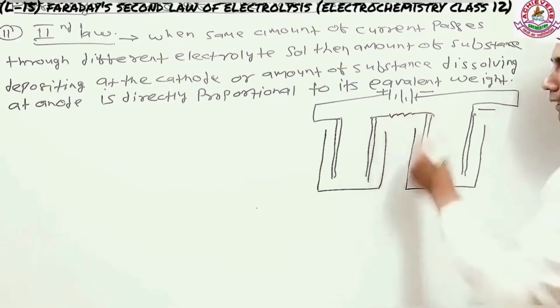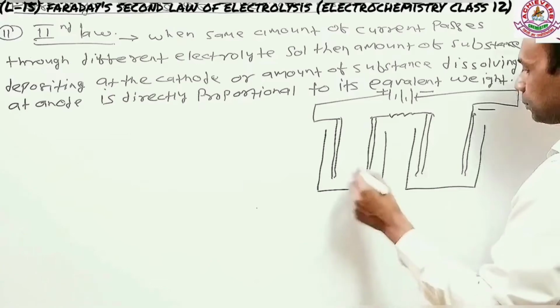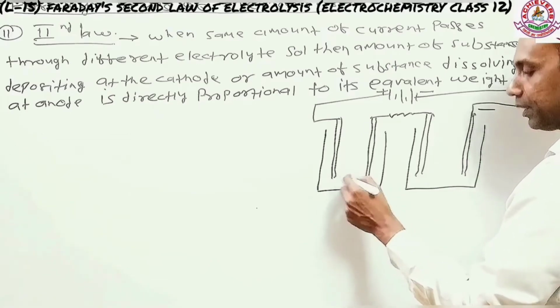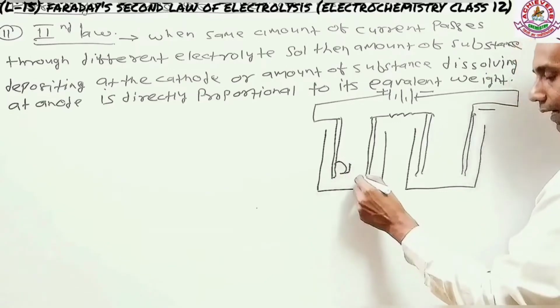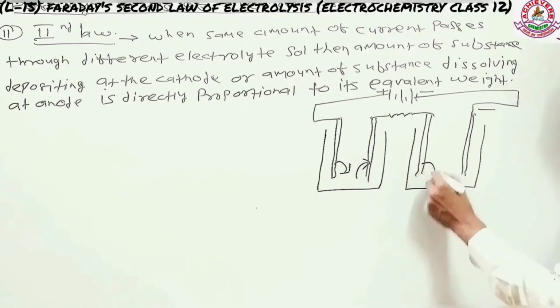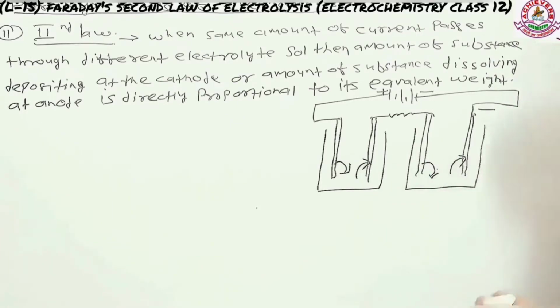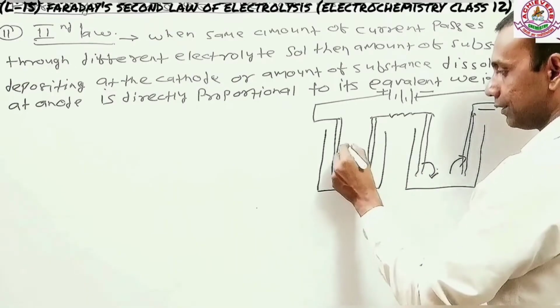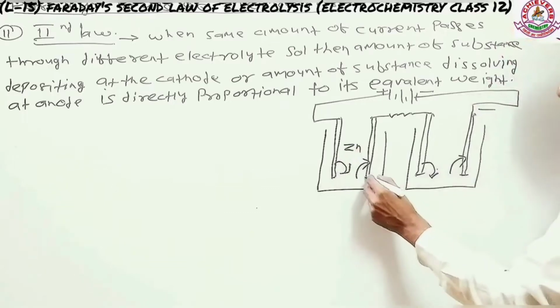They have been connected in series. So as you can see, what is happening here: this will result in dissolving into the solution and this will result in depositing onto the electrode. This will again dissolve into the solution and this will deposit. This is about zinc, and make this one any metal, like maybe copper.